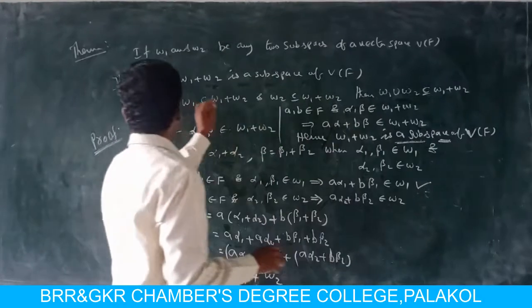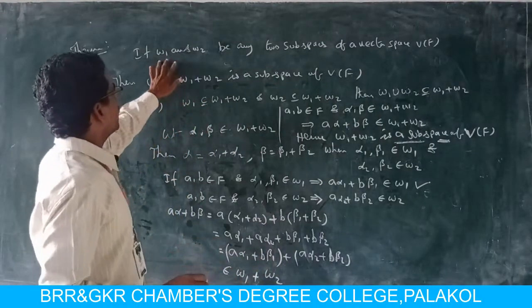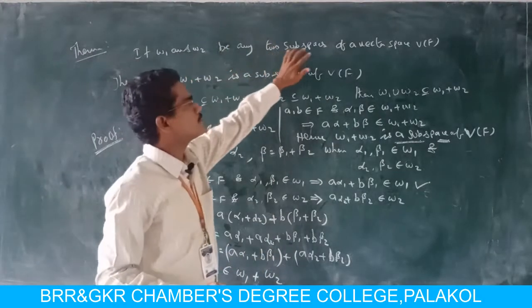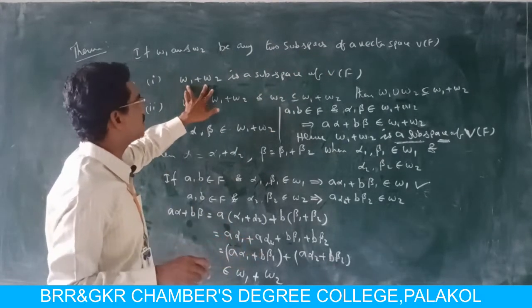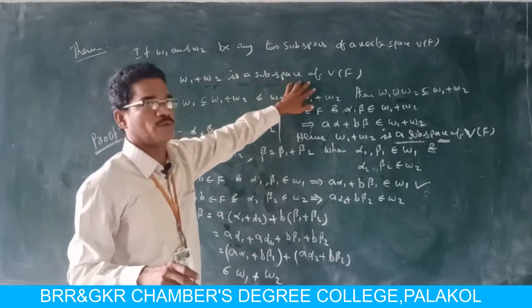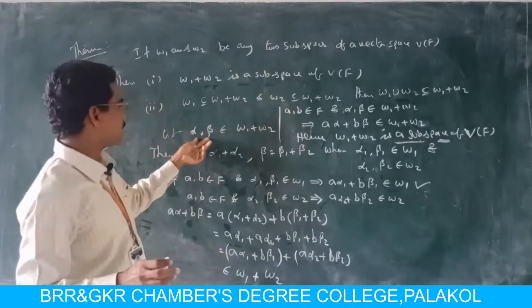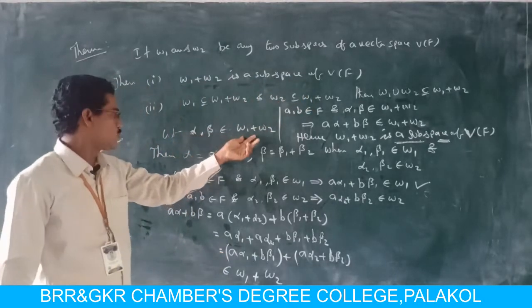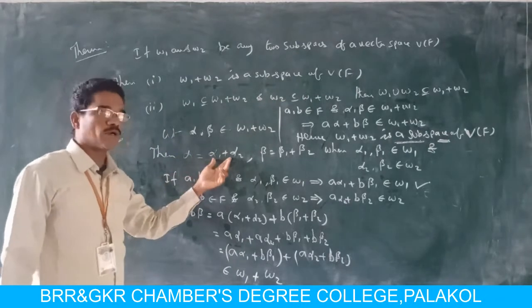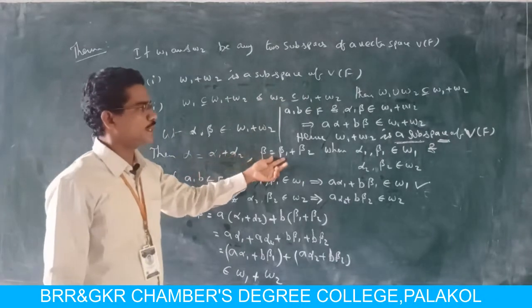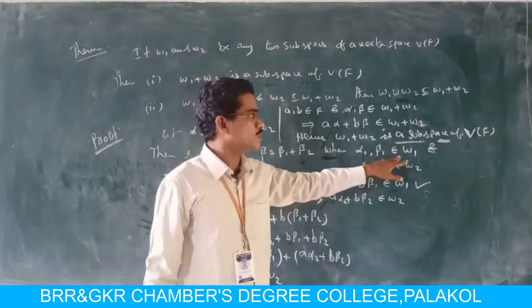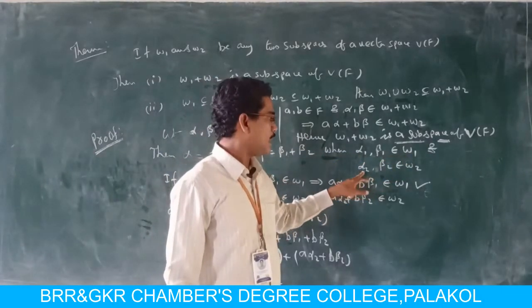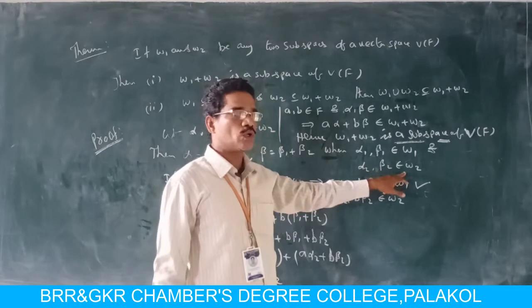Just simply, here W1, W2 be two subspaces of a vector space V of F. Here the first one is W1 plus W2 is a subspace of V of F. First of all, let alpha, beta belongs to W1 plus W2, then alpha equal to alpha 1 plus alpha 2 and beta equal to beta 1 plus beta 2. Here alpha 1, beta 1 belongs to W1 and alpha 2, beta 2 belongs to W2.